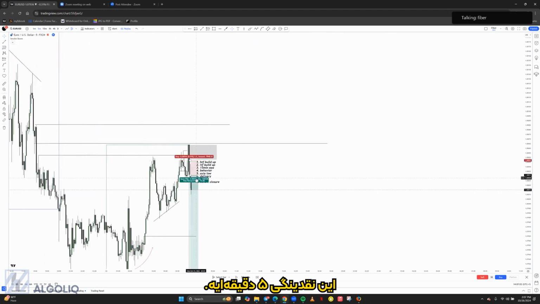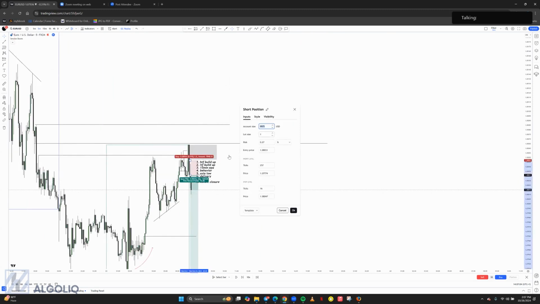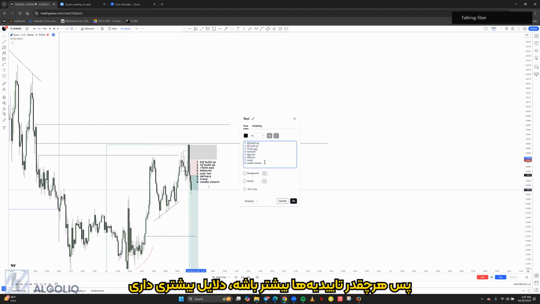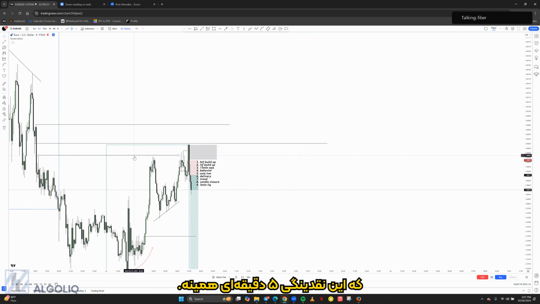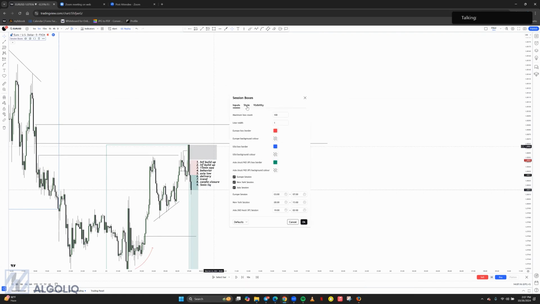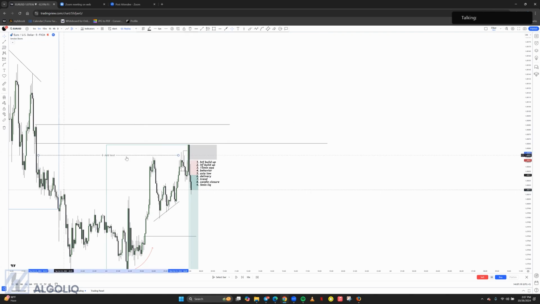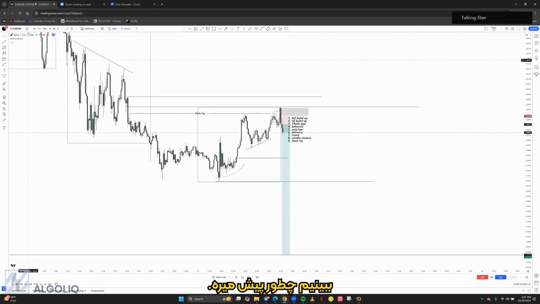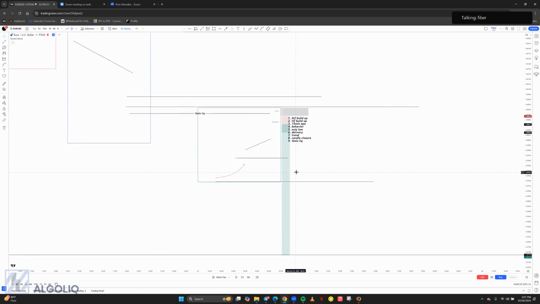This is a 5-minute liquidity. So the more confirmations, the more reasons you have. The 5-minute liquidity is this. So this is our first trade of the day, and let's see how it goes.